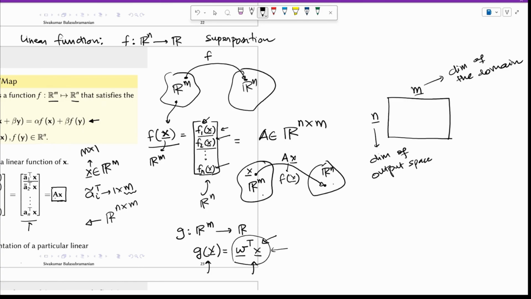So if you have the matrix A, it will only take elements from Rm and it will produce elements in Rn. That's one way of thinking about the matrix. The number of columns represents what can go in as a post multiplication. The number of rows represents what comes out after you do the post multiplication by a vector.